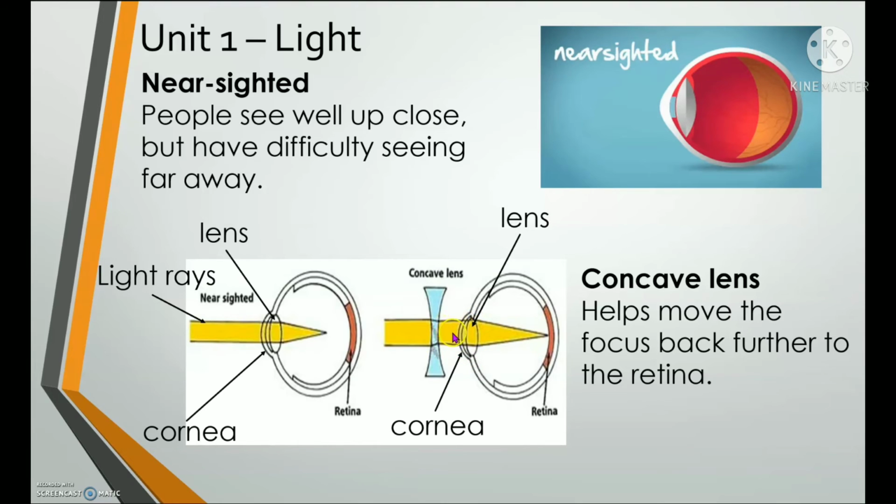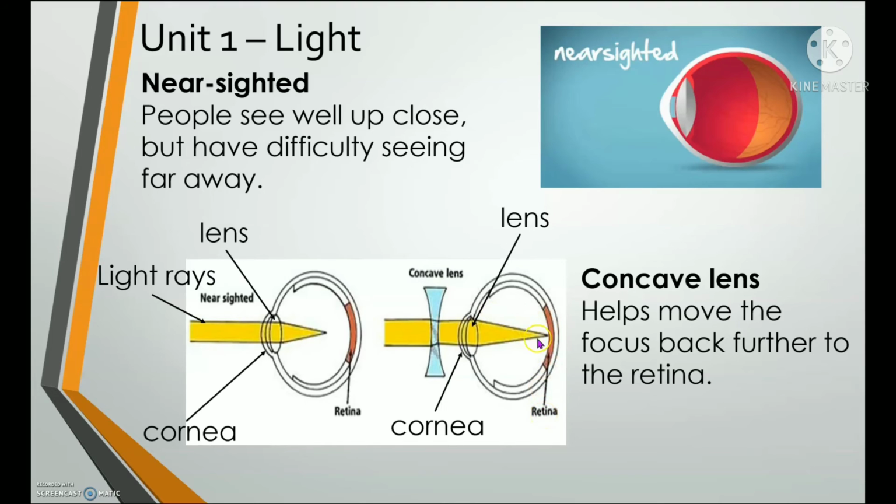So when the light is diverged entering this nearsighted lens, the light will then converge at the right place. Okay, so the light rays are converged, producing the image on the retina.